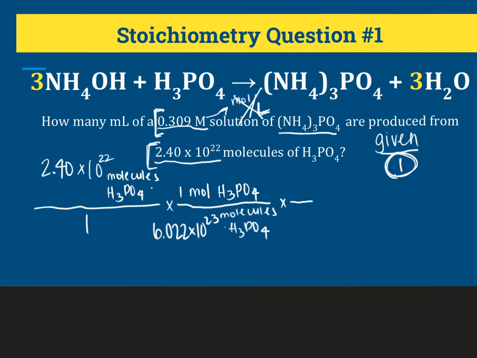Our next equivalent statement then, we're going to have moles of H3PO4 in our denominator because we need to cancel moles out with moles of H3PO4. And if we look at our balanced equation where our coefficients are, in front of H3PO4 is a 1.